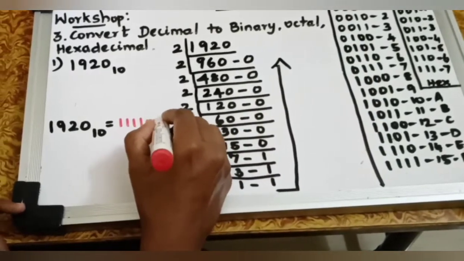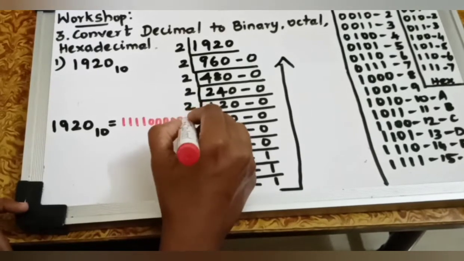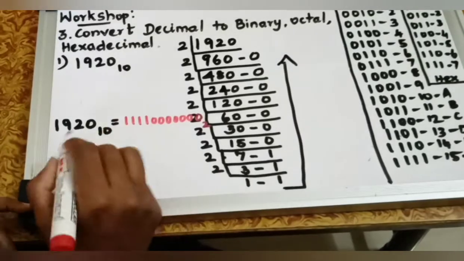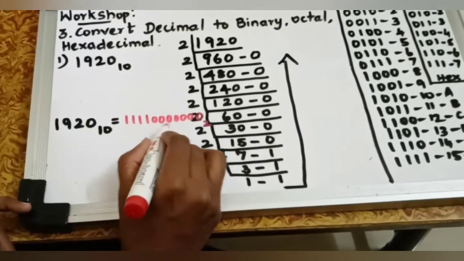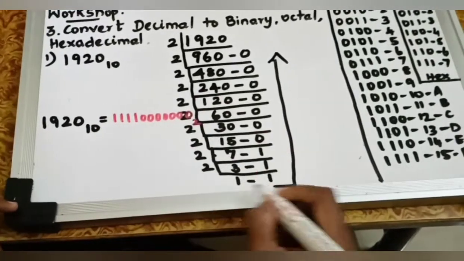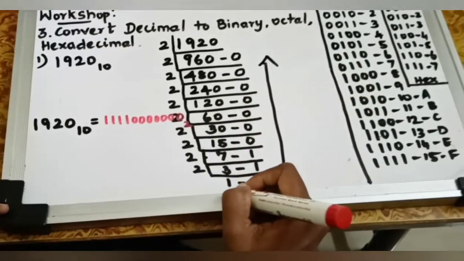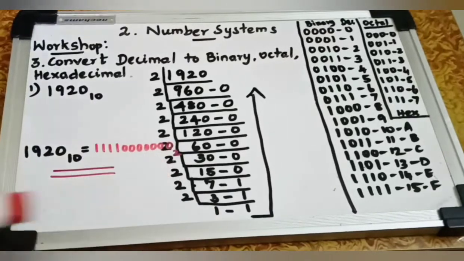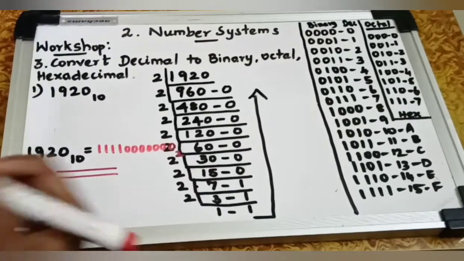So the answer is 4 ones and 7 zeros base 2. Write this answer from the last remainder value to the first remainder value. So this is the conversion of decimal to binary.